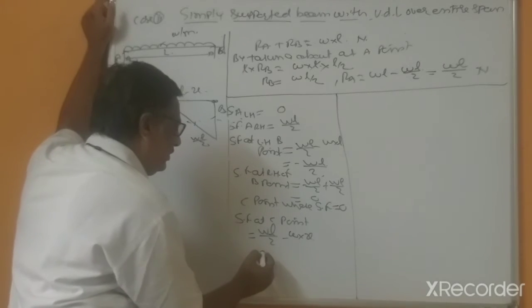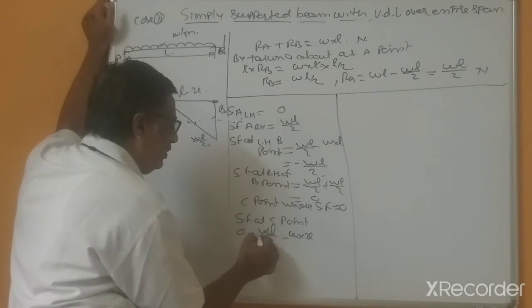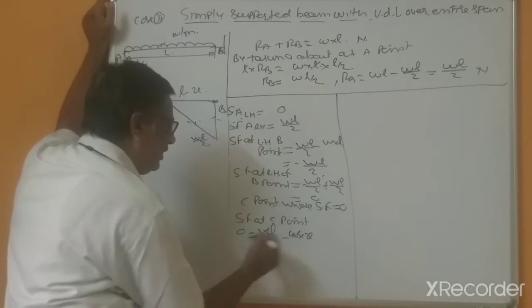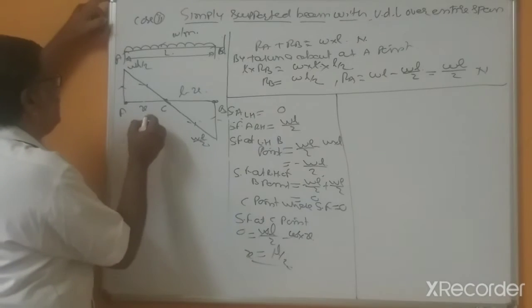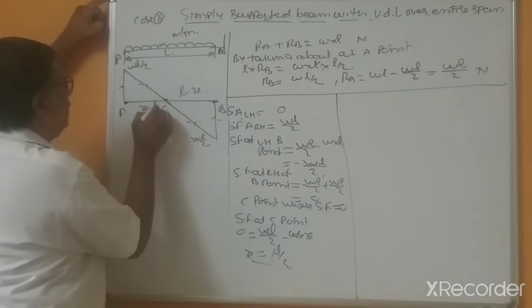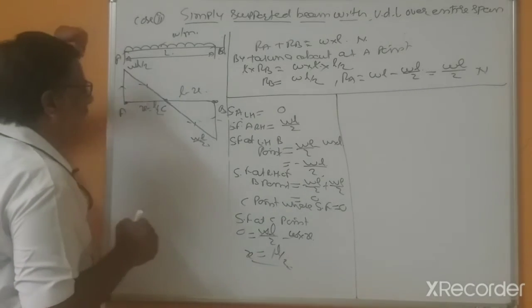So that's why, and this is equal to 0, W will get cancelled, and X equals L by 2. So this distance equals L by 2, right?